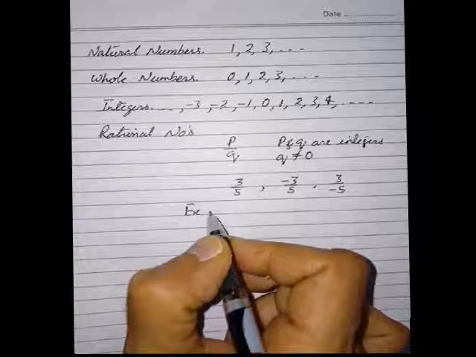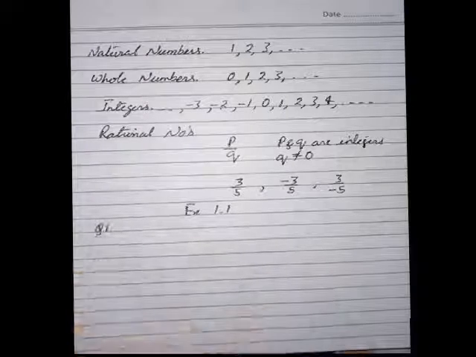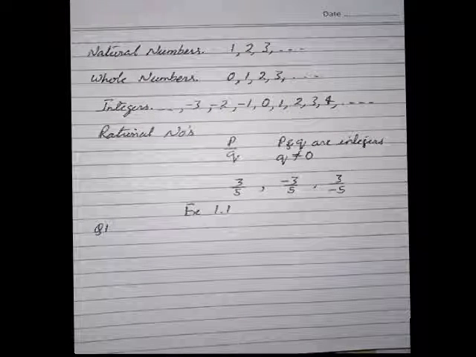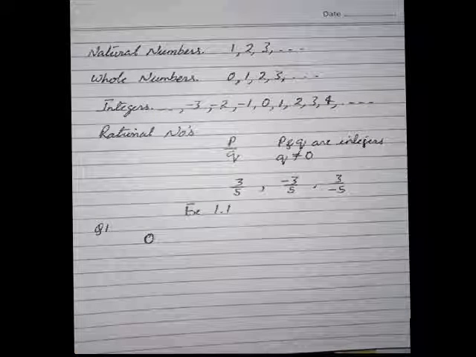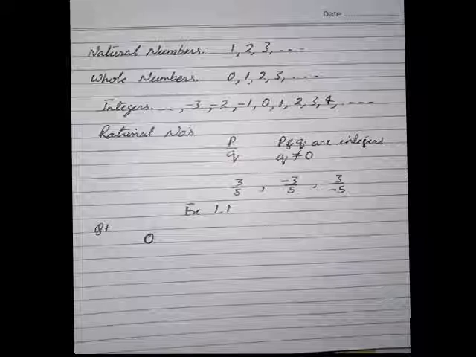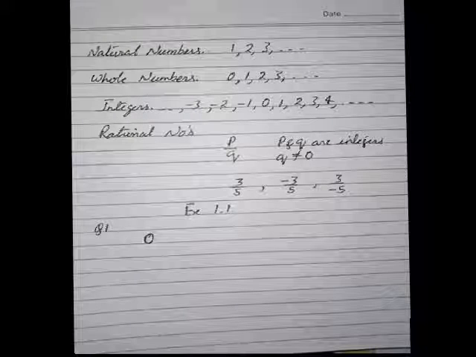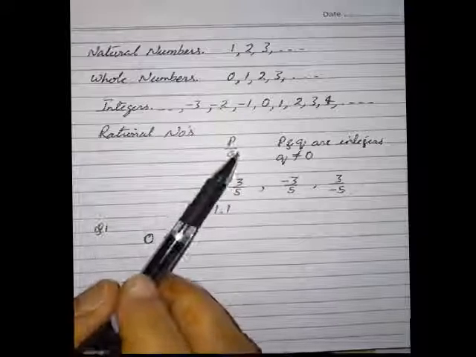Today's exercise is exercise 1.1, and the first question is: is 0 a rational number? You have to prove it. Can we write it in the form p upon q, where p and q are integers and q is not equal to 0? The same definition.